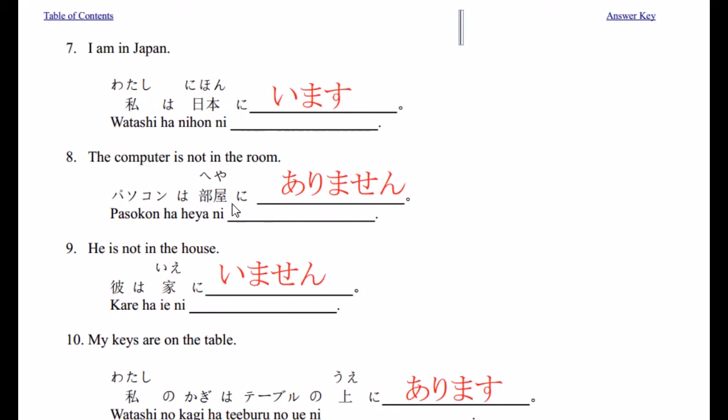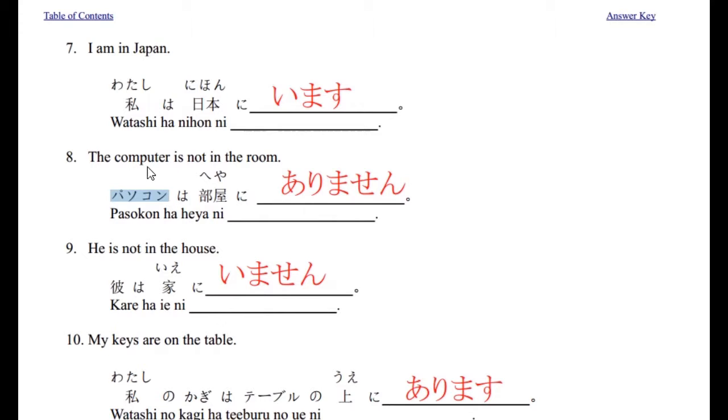Number 8. The computer is not in the room. パソコンは部屋にありません。And before looking at number 9, I'd like to take a look at this word right here, パソコン. So if you remember before, I mentioned that oftentimes words written in katakana are derived from other words, usually English words.